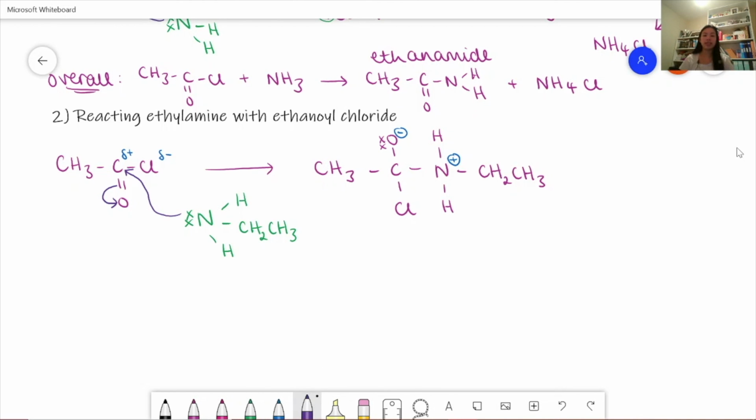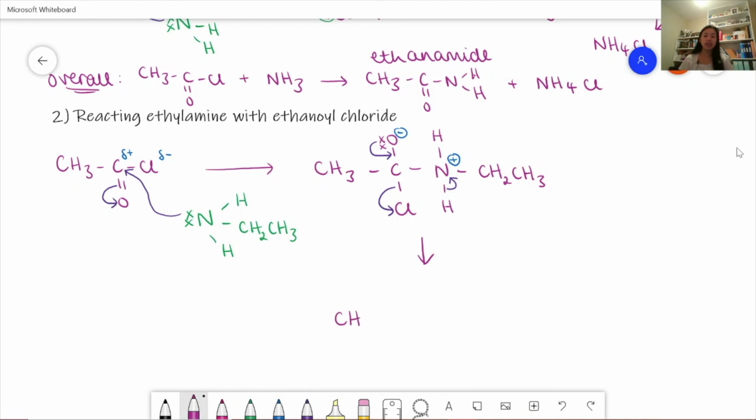And now what happens is that these electrons move towards this bond, and then this causes these electrons from this bond to move to the chlorine, and also these electrons from this bond then move to the positive nitrogen. So then we form our N-substituted amide or secondary amide.